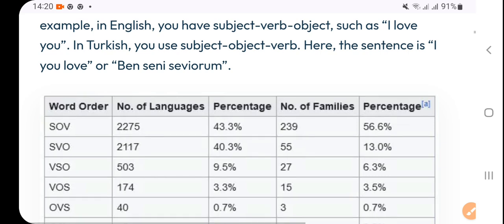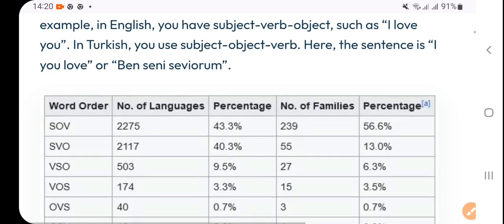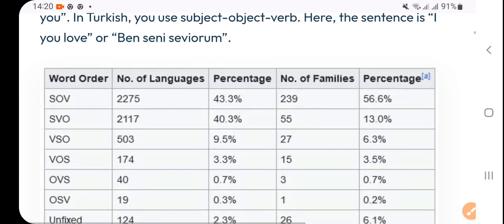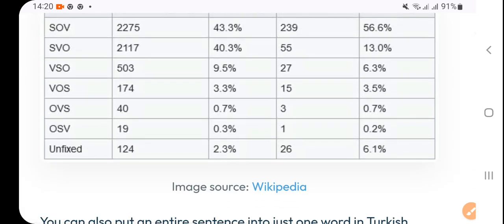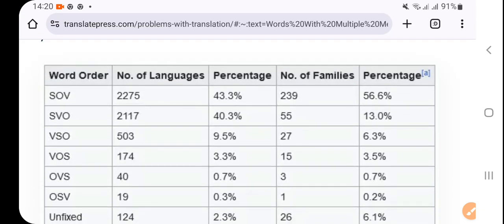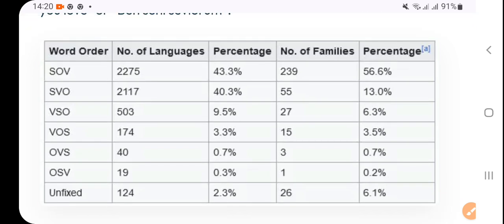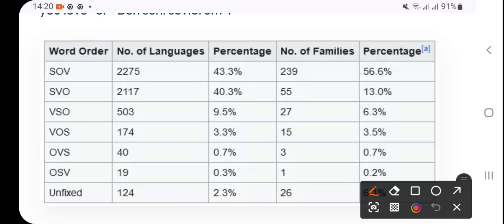Here is a sentence that is not readable to me, I love you, then Ben Seni, whatever is written. But yes, right? So this shows the percentage of languages and language families for each word order. These are subject, verb, object, and subject, object, verb.